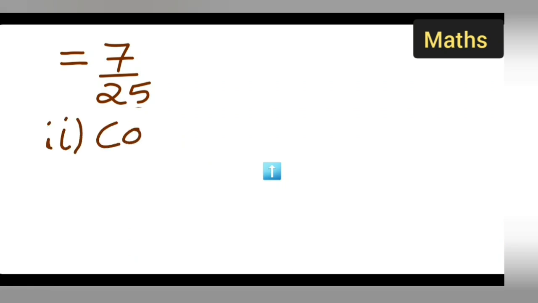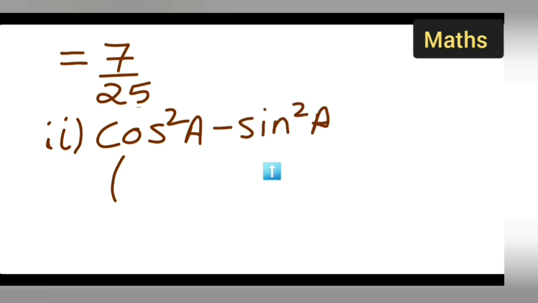Now let us find the second part. The second part was cos square A minus sin square A. It is a continuation, the second part on the right hand side.